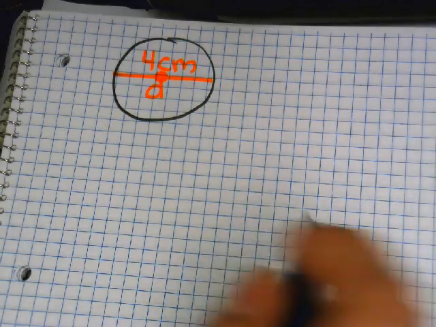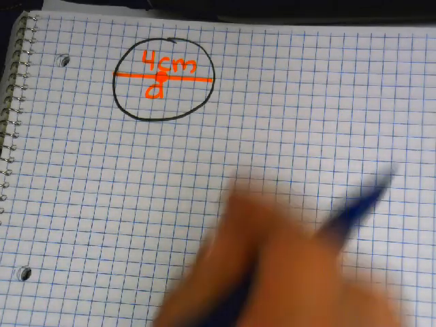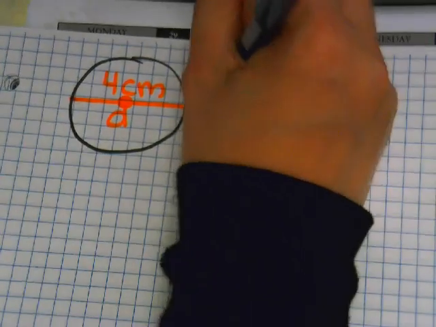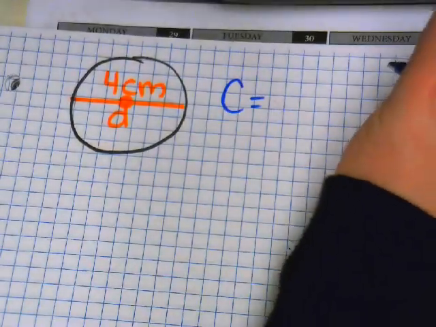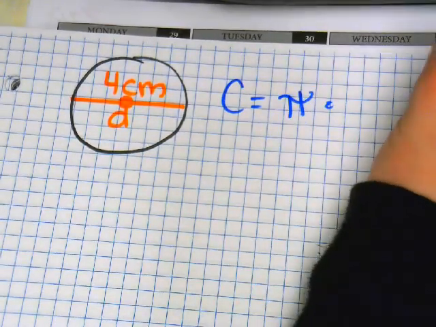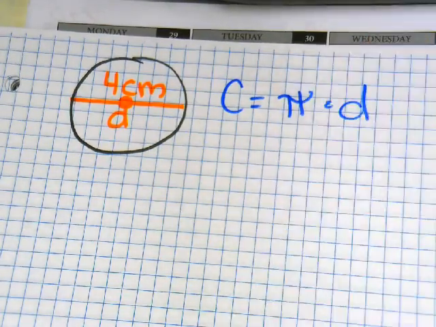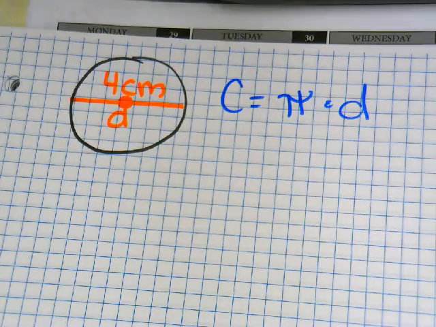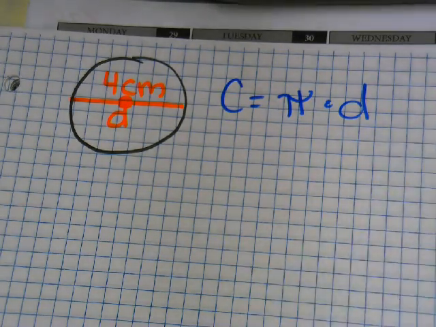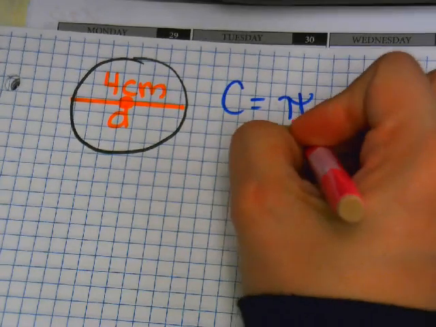Okay, so circumference is equal to pi times diameter. It's good to repeat the vocabulary, so then you're not scared of the vocabulary. The more you say it, the more it becomes, oh, I know how to say pi times diameter. Okay, so what is the value of pi? 3.14. So we plug it in.